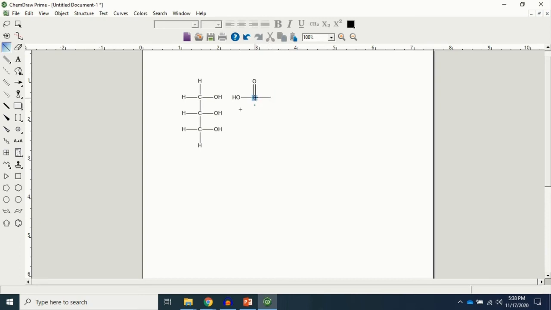you can see that it is a C double bond OOH, so it has to be some form of acid.